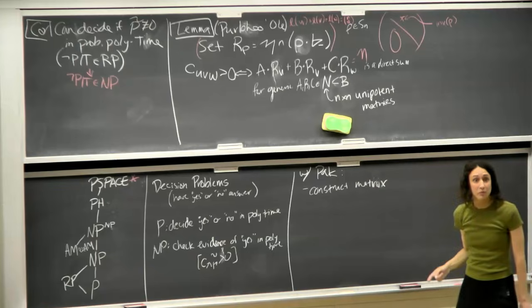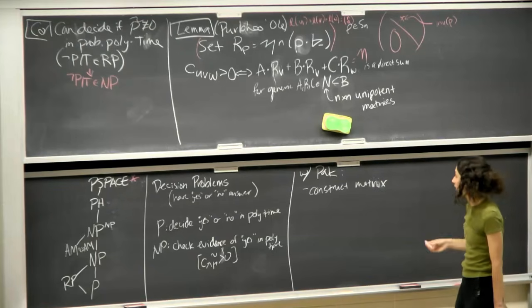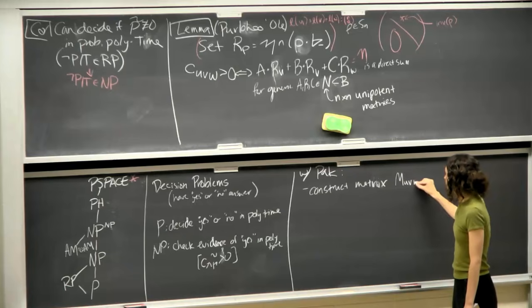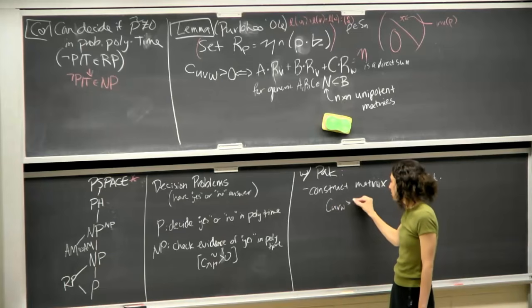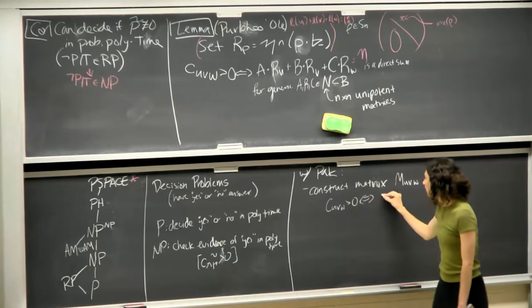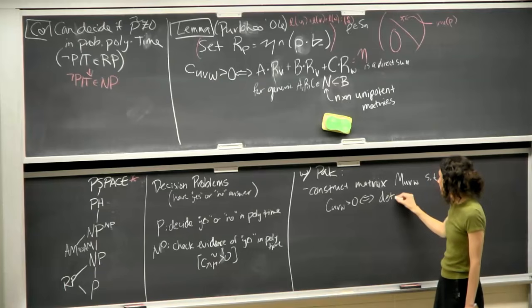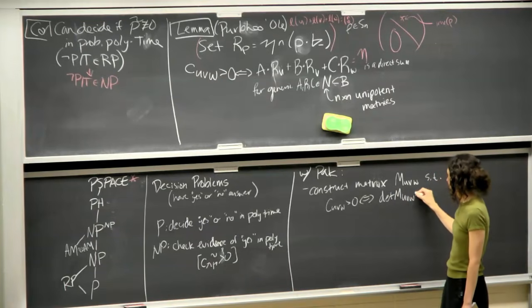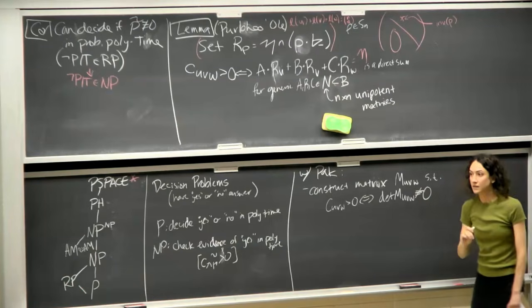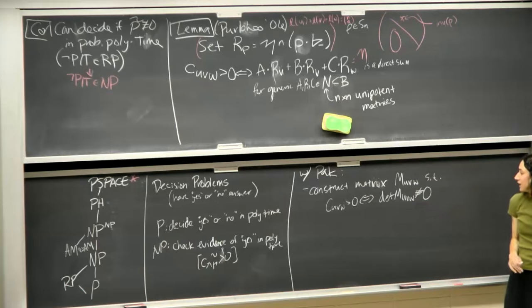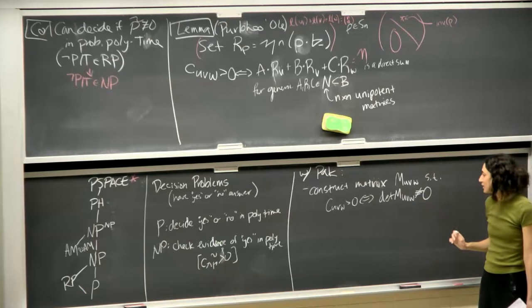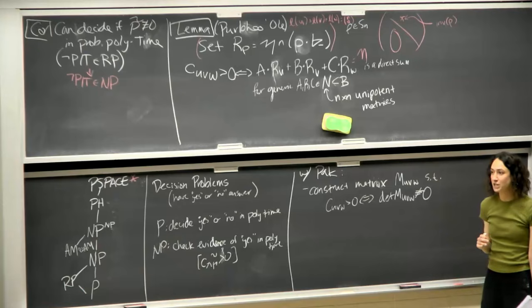It's going to be n choose 2 by n choose 2, a pretty big matrix, M_UVW, such that my coefficient is going to be positive if and only if this matrix is non-singular. But the matrix being non-singular, this means that the determinant is not identically 0. That's what it means for my vector space to not be too low in dimension.